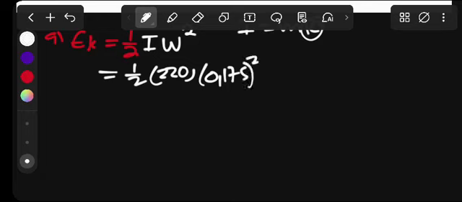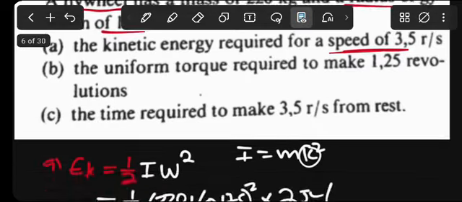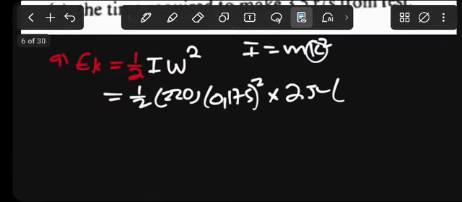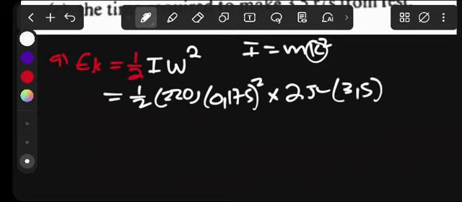Remember, we square this, and multiply by the angular velocity, which is the same as 2 pi n. What is n now? The n is 3.5. So we have 3.5 like this here.